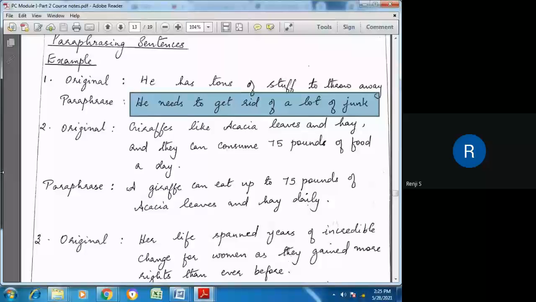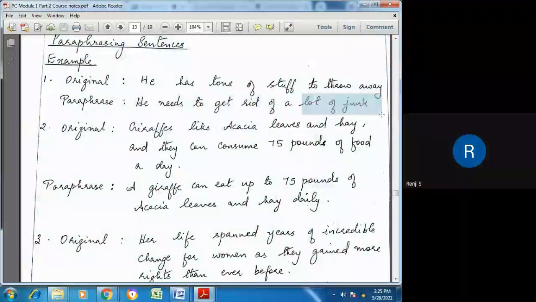Both sentences have the same meaning, but some words are changed. Tons of stuff is changed to a lot of junk. Also the throw away in the first sentence is changed to get rid of.